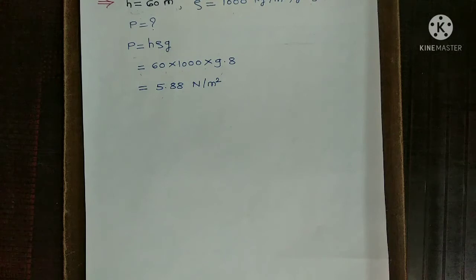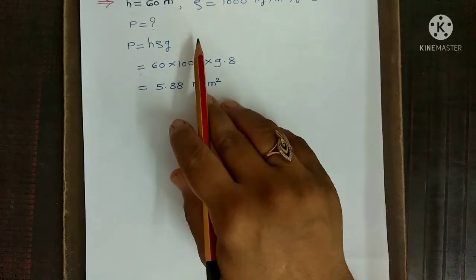Then we saw one theoretical example, where two different liquids having different densities are given, and we found the relation between height and density. Then we solved this numerical.